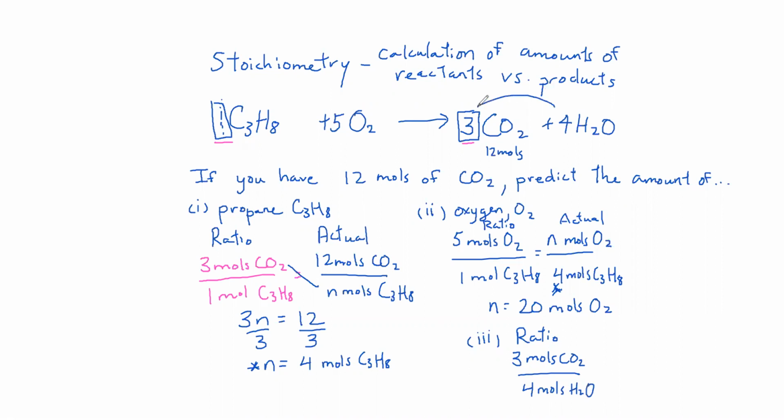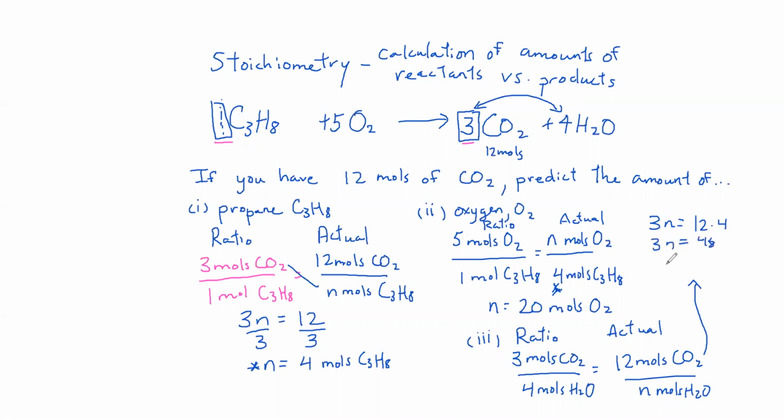And this is based on us looking at our balanced equation. But the actual amount of CO2 I have is 12 moles because that was my original question. And I have an unknown number of moles of H2O. So when I go to cross multiply this, of course, I'm going to do it up here because I am running out of room a little bit. 3 times n is equal to 3n, and 12 times 4 gives me 48.